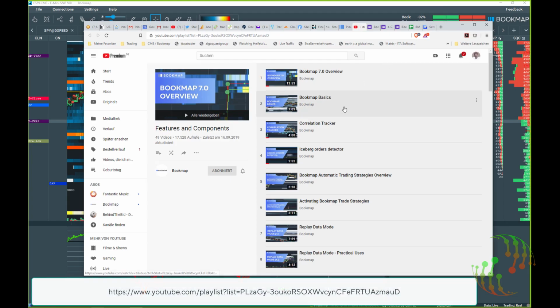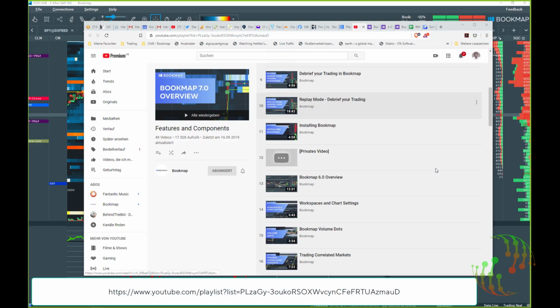I have put this link on the presentation. This link is from my colleague Bruce Pringle, and he described in a few minutes the features and components of Bookmap.